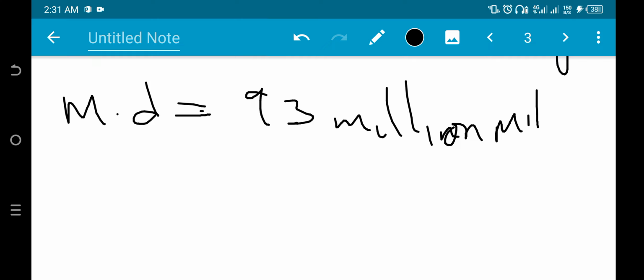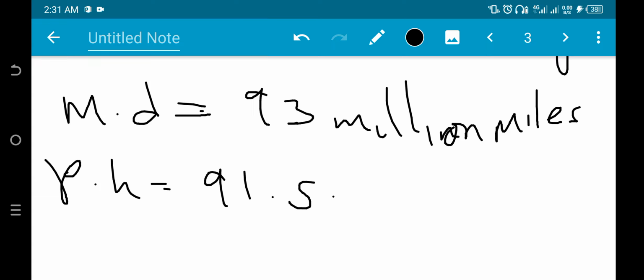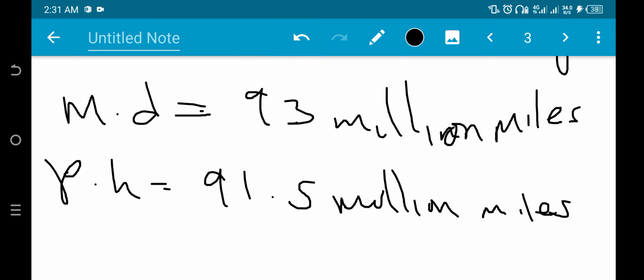Then they said that the perihelion is 91.5 million miles. And then they tell you to find the equation for the earth's orbit. So it's more like they're telling you to find the equation of the ellipse.